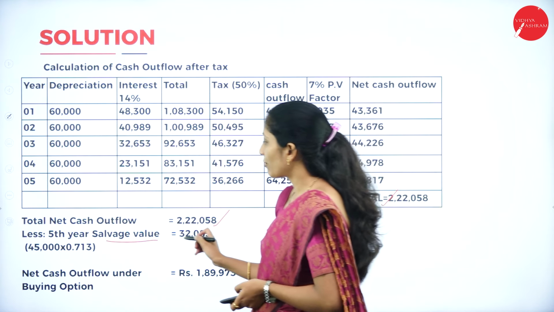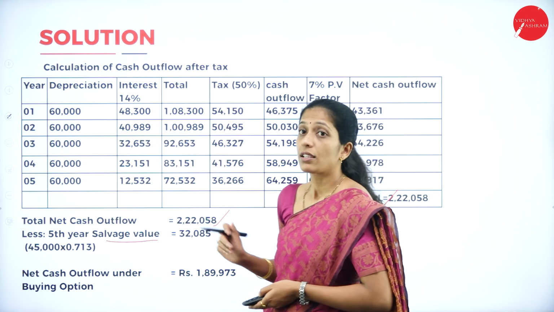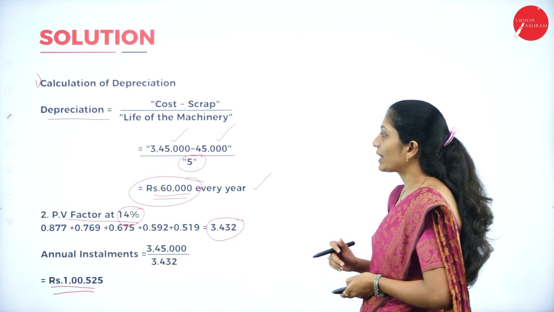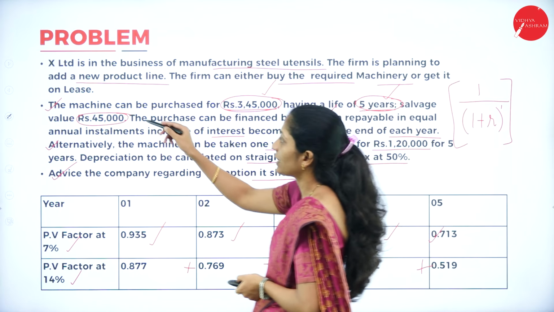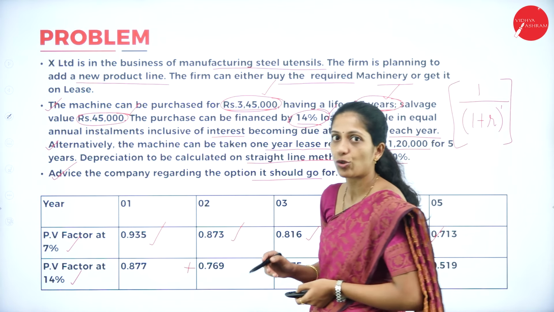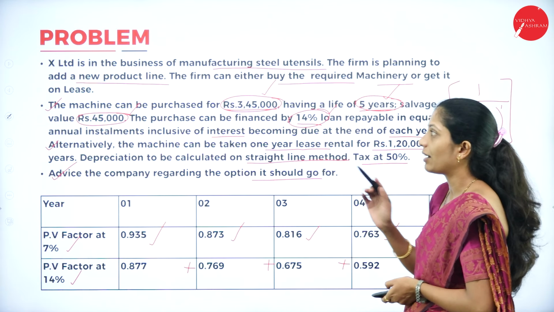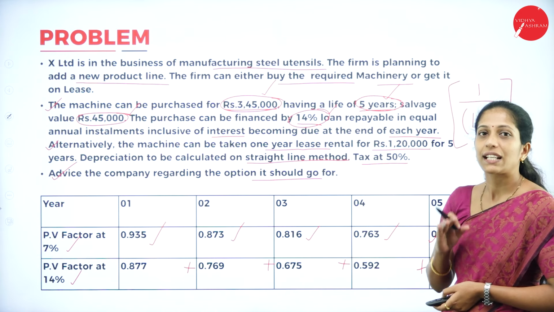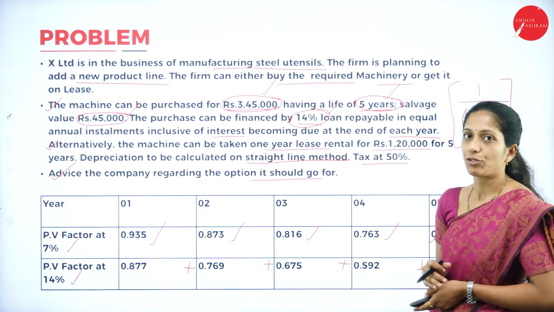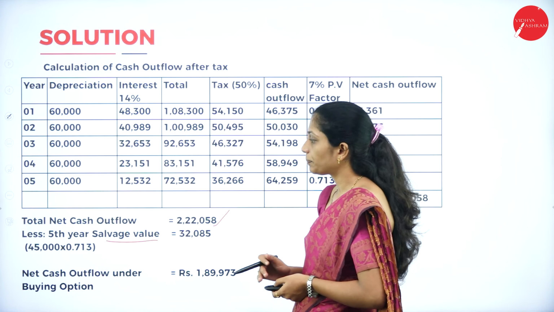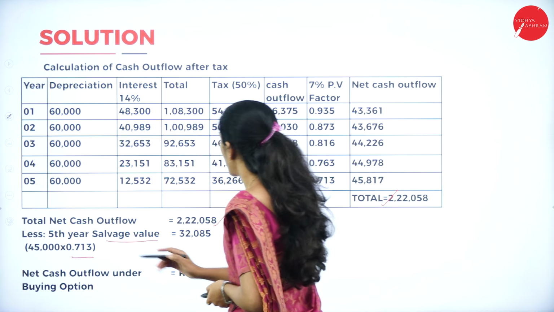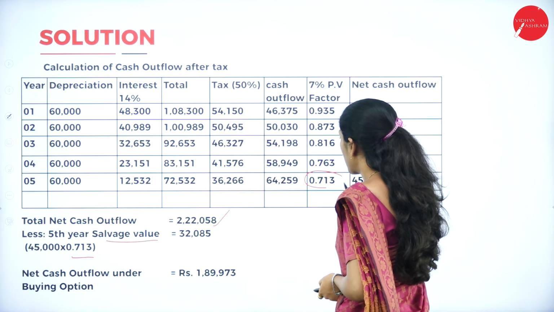Now what is the fifth year salvage value? They have given the salvage value in the question. How much? 45,000. So at the end of the fifth year, we have to calculate it using the PV factor. Now we shall see how we calculated. That is 0.713, that is of 7%.